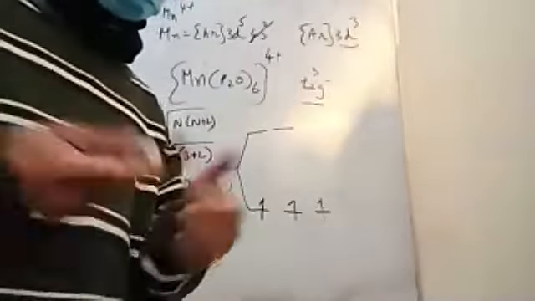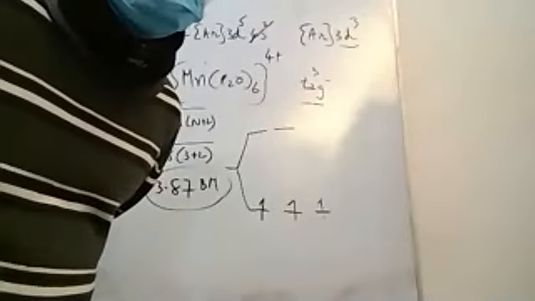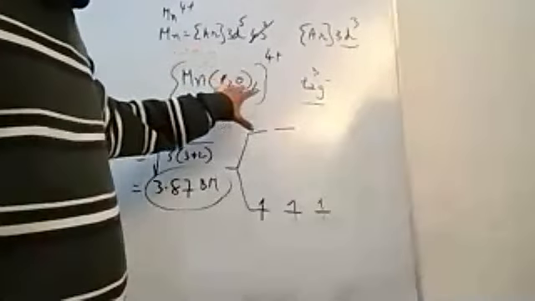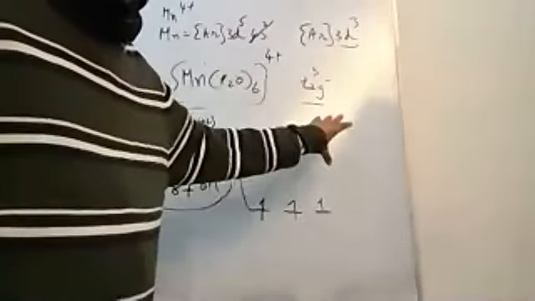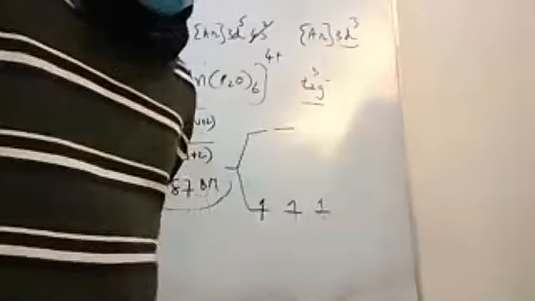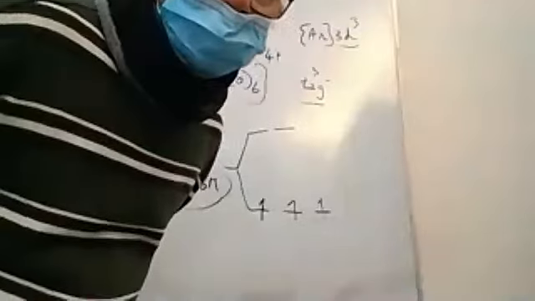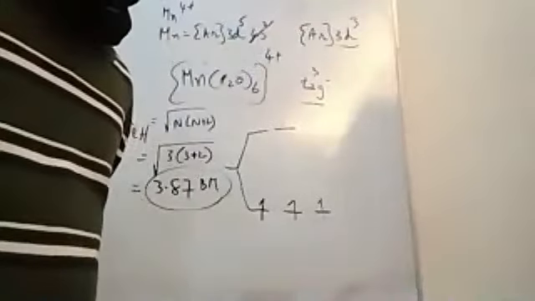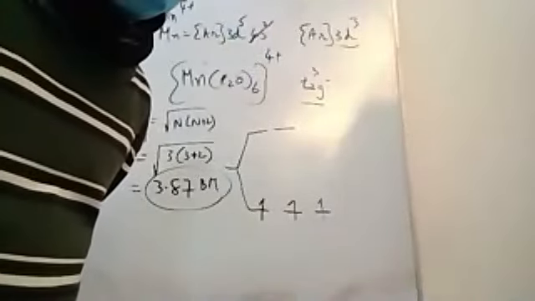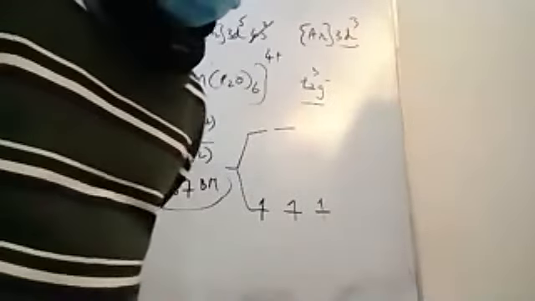Sometimes the questions will give a complex and ask you what's the effective magnetic moment of the complex. So you write down the electronic configuration, look at your t2g configuration, and then be able to do this. Am I making sense here, folks? Questions up to this point? I have a question. Sure.